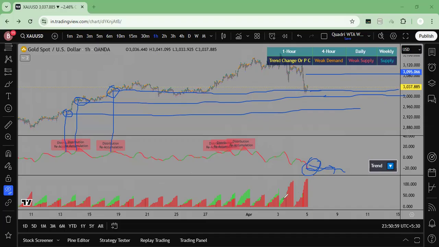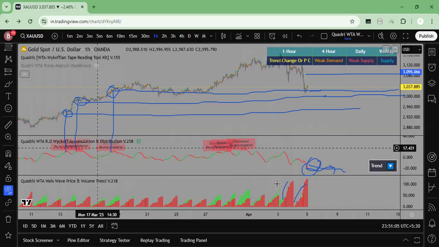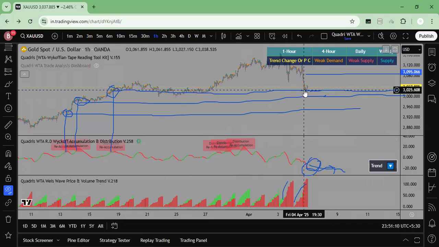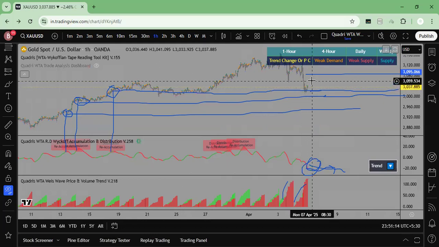Given the fact that supply is evident and in control of the market, what I'm expecting is price to at least go back up to this particular level, 60 or 64.